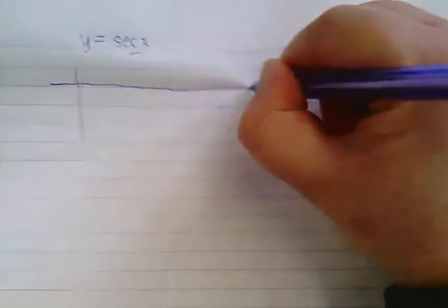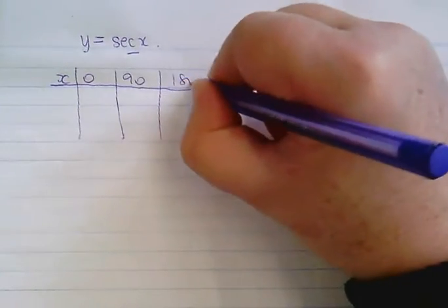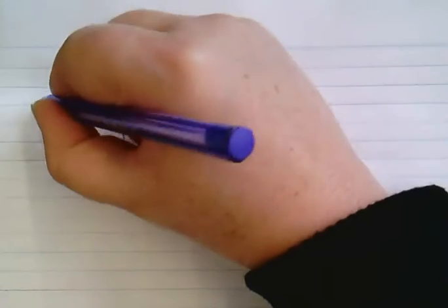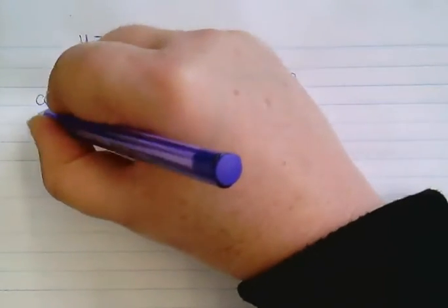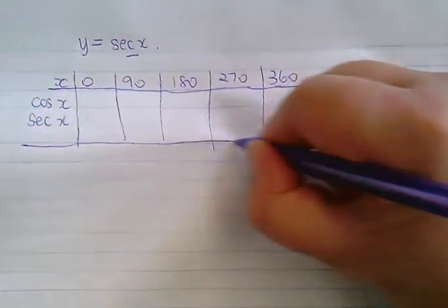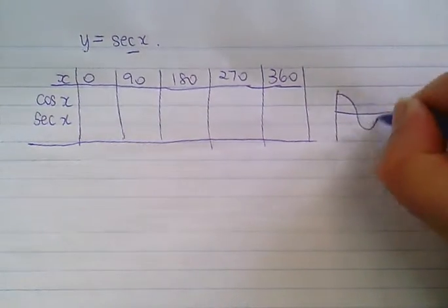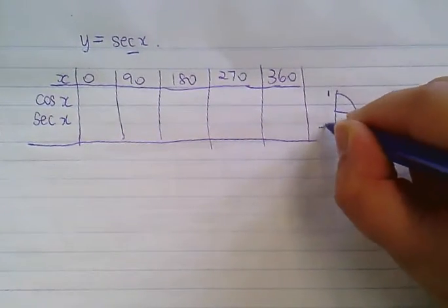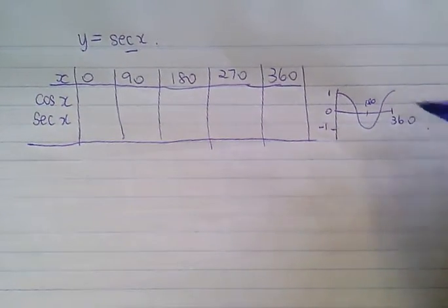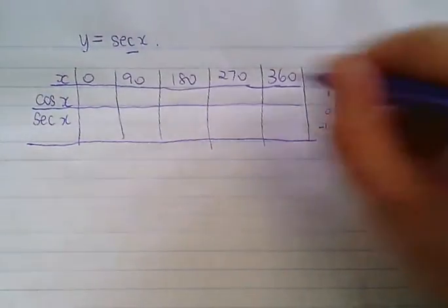Graph for y equals sec x. So when x is 0, again, 90, 180, 270, and 360, we're going to look at cos of x, and then we're going to look at sec of x. Okay, the cos curve is like this: 1, negative 1, 0. This is 180 degrees, that's 360. So the cos of 0 is 1.